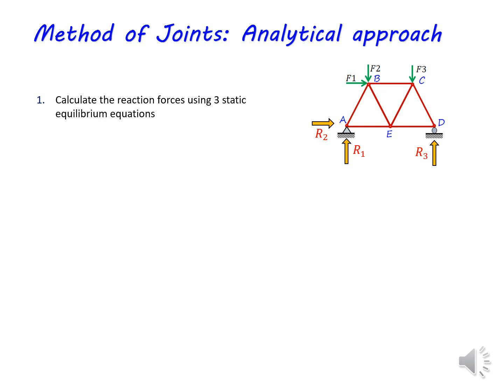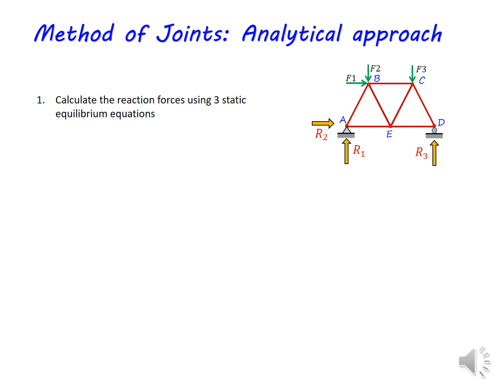So joint D is supported with the roller support, so you can see R3 is the only reaction force at that joint. By analyzing this truss, you can calculate the values for R1, R2 and R3. So calculating R1, R2 and R3 is the first step that we should do.